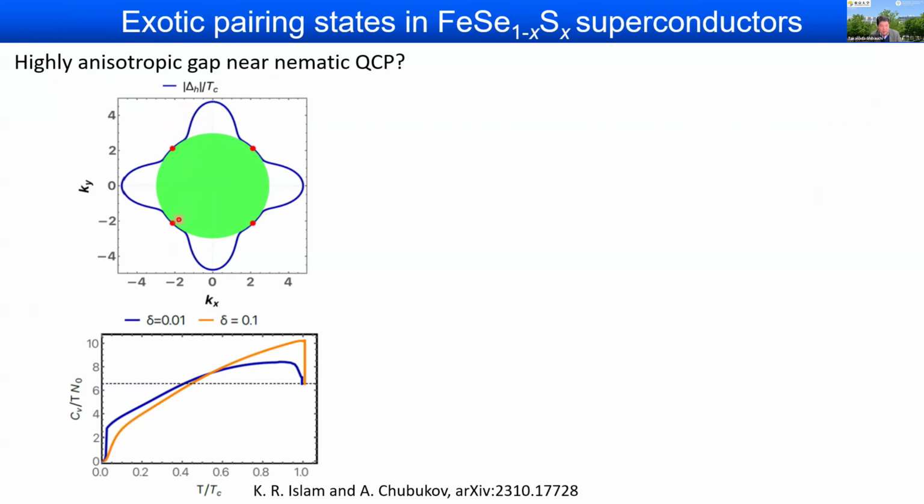And so there is a large region in which the gap is very small. But in this case, if you go to zero temperature, this part becomes a point. And so you should expect a downturn behavior of the specific heat.